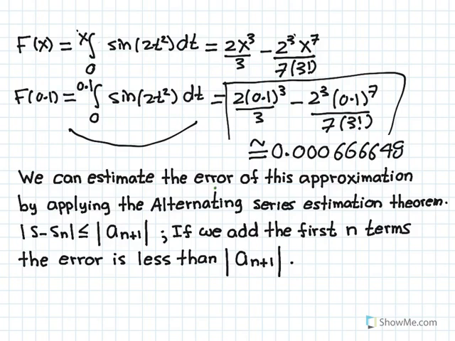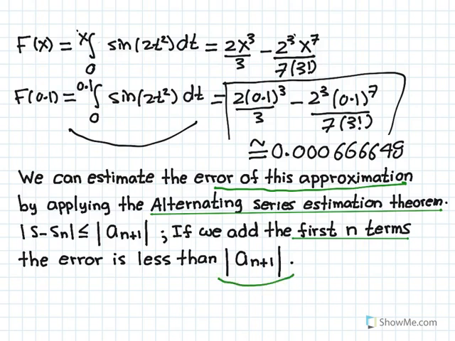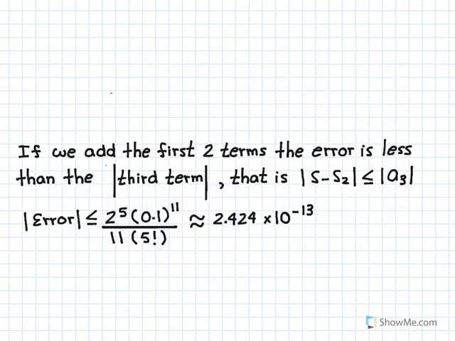We can estimate the error of this approximation by applying the alternating series estimation theorem, which tells us that if we add the first n terms, the error is less than the absolute value of the first neglected term, absolute value of a sub n plus 1. So let's do that. We have f of x is equal to the integral from 0 to x of sine of 2t squared dt.